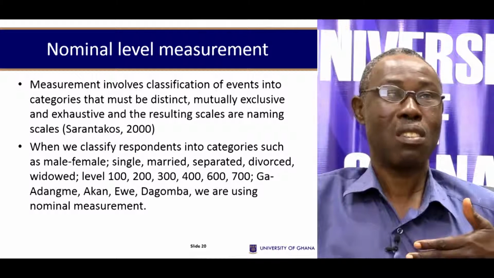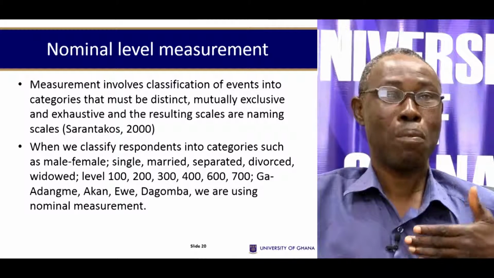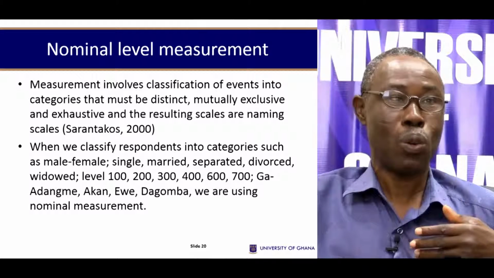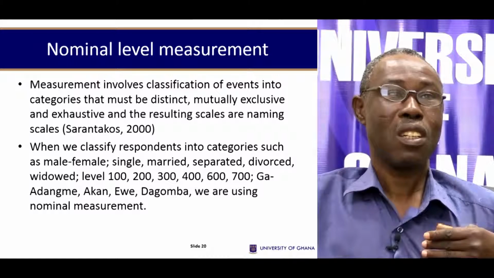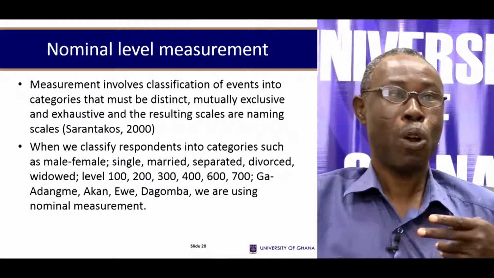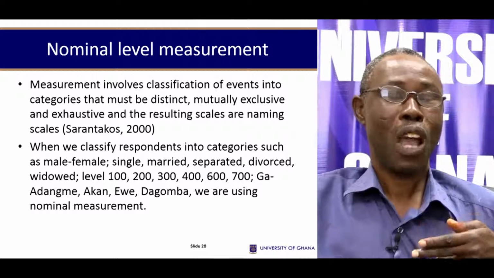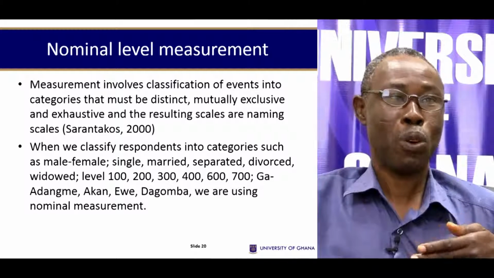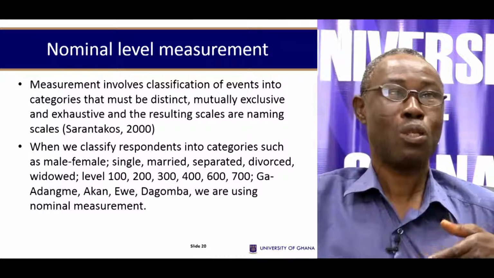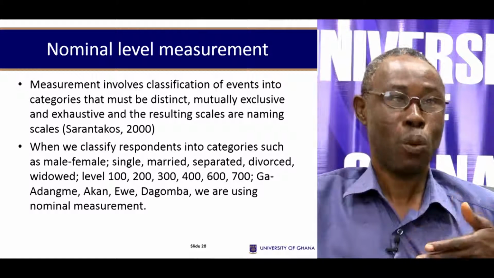In other words, each must stand on its own. You cannot have 2 points at the same time. Although sometimes we have what you call multiple responses, in which the person can choose more than one response.